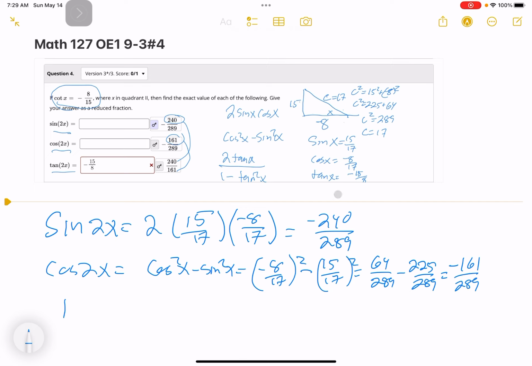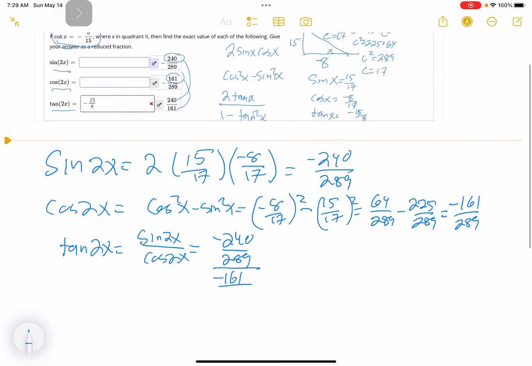So for our tangent 2x, as I said, we had a couple of options. We could just look at this as sine of 2x over cosine of 2x. So that would be negative 240 over 289 over negative 161 over 289, which would be negative 240 over 289, and we're dividing by a fraction, so we multiply by the reciprocal.